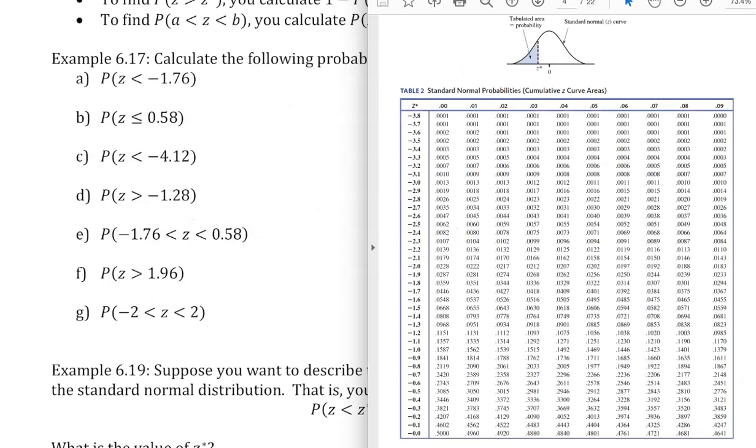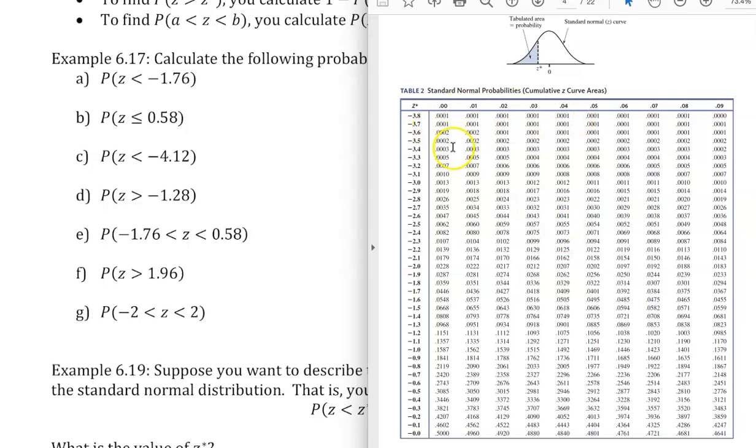Let's start with some basic calculations using the table. We want the probability that z is less than -1.76. So the table is organized where the column on the left gives you the ones digit and then the tenths digit. And then each column after that is giving you the hundredths digit.